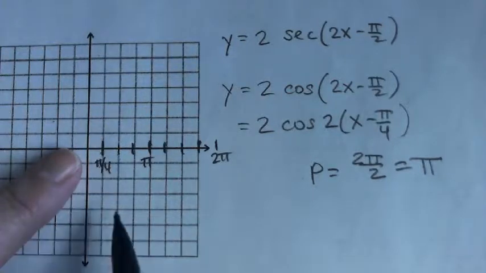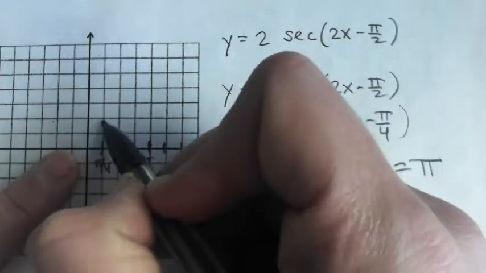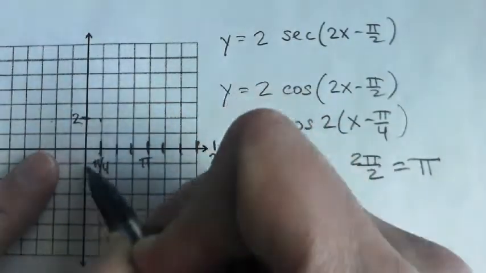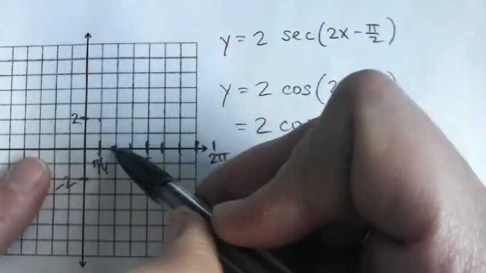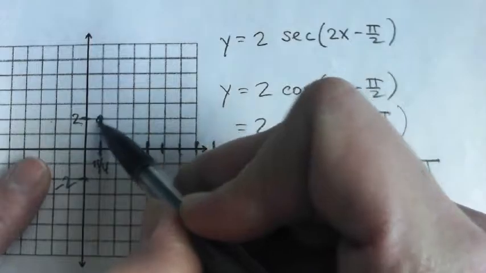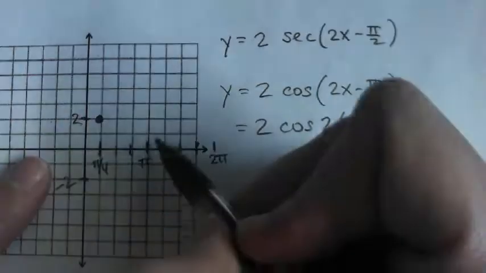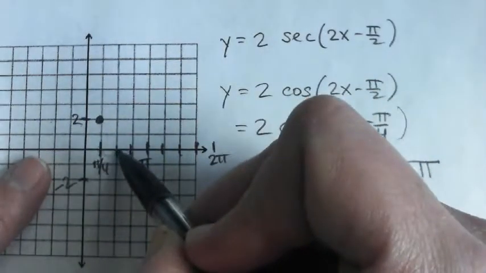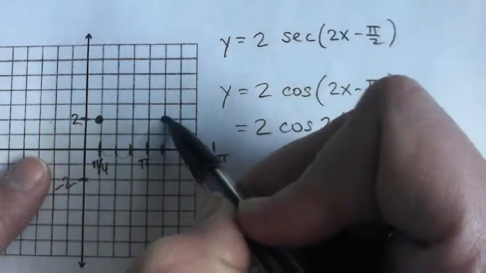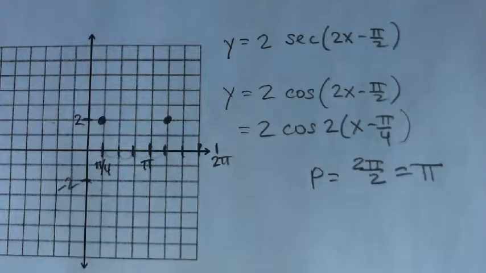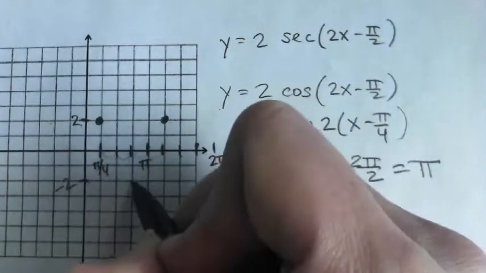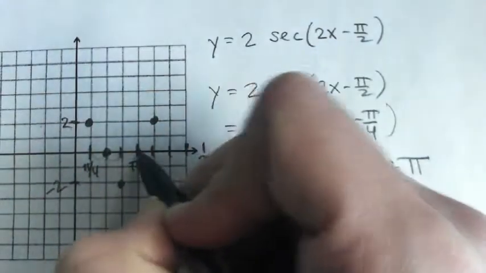So our cosine graph is going to start with an amplitude of 2. We'll do this time. So pi over 4 starting with an amplitude of 2. It's ending pi units later, which is 1 pi over 4, 2, 3, 4 pi over 4. So 4 pi over 4 after 1 pi over 4 would be 5 pi over 4. Get your minimum in there, halfway in between your zeros.